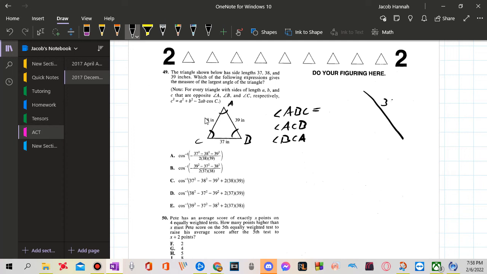So you could draw this a little more: this one is going to be the longest one, 38, and let's make this the shortest one.